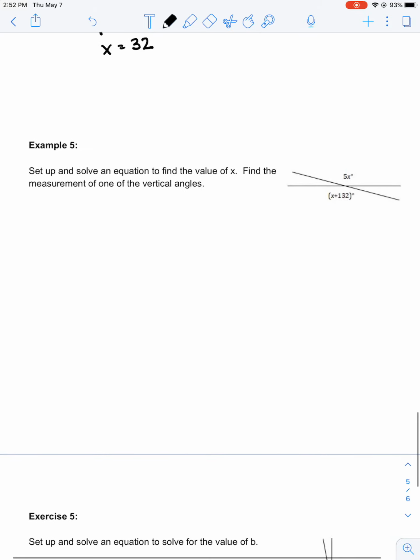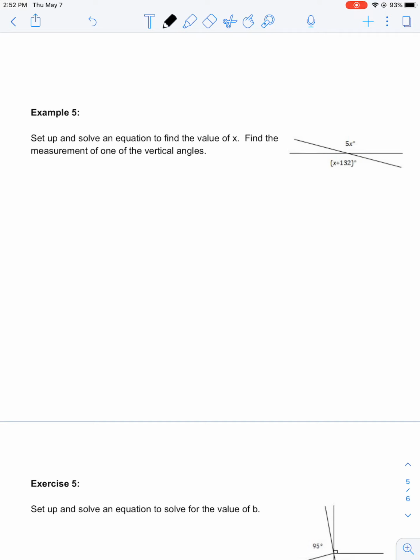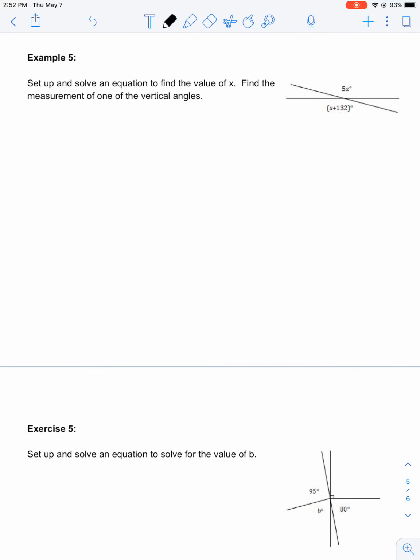My next example is example 5. And I'm going to set this up as well. So this one and this one here. So I have 5x equals x plus 132. So I have minus x on both sides. So I have 4x equals 132.